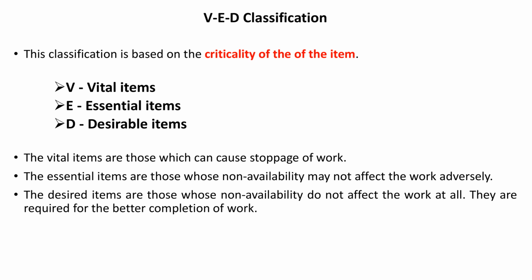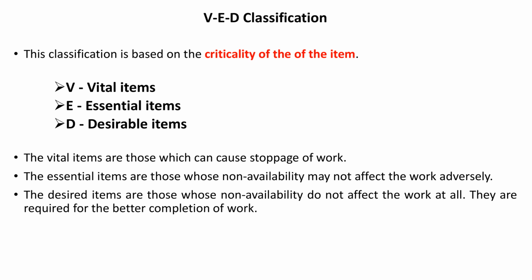The next classification is VED classification. VED classification is based on the criticality of the material item. V stands for vital items, E stands for essential items, and D stands for desirable items.